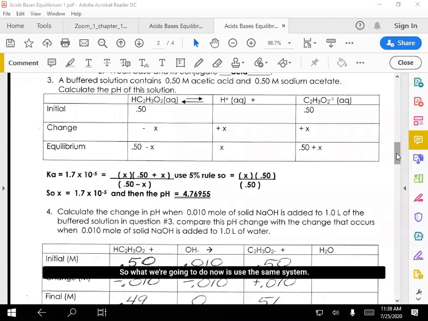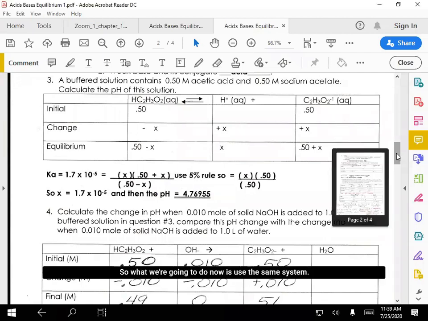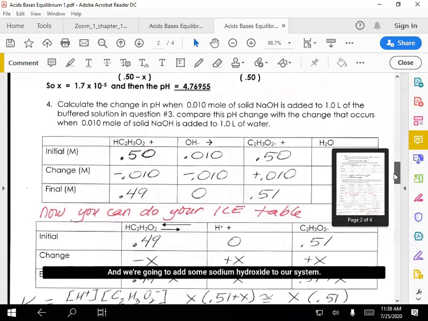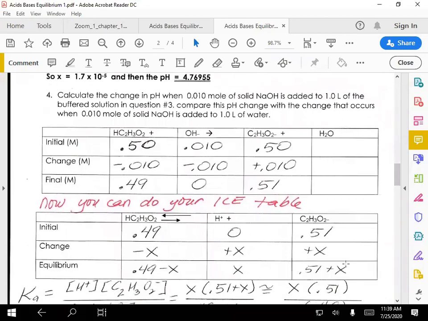So what we're going to do now is use the same system, and we're going to add some sodium hydroxide to our system.